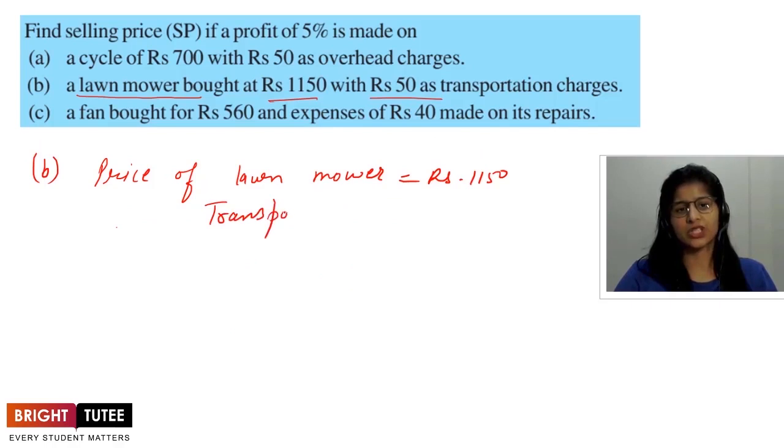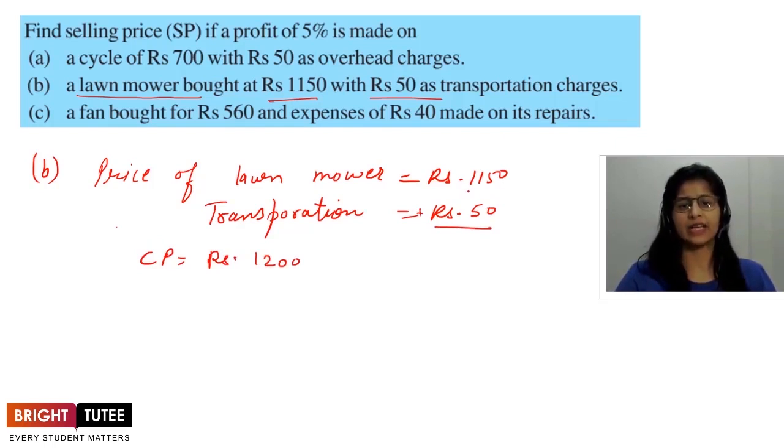So what is the transportation charge? For transportation we have spent rupees 50. So what is the cost price now? 1150 plus 50, right? So what will we get? We will get rupees 1200. Correct? You add 50 rupees to 1150. So when you add them, you get the total cost price. So 1150 plus 50 is 1200.